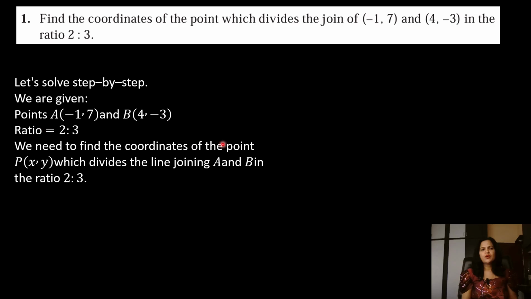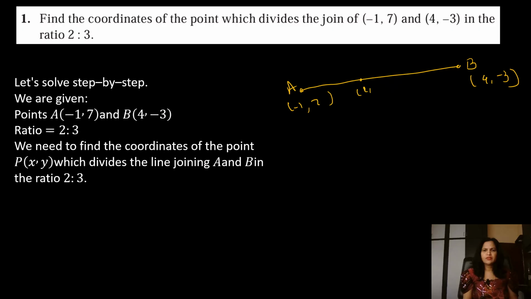We are given 2 points A and B. A is (-1, 7), B is (4, -3). One point divides this line into 2:3 ratio.